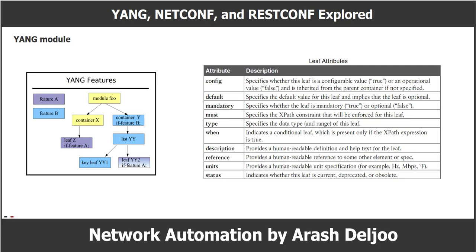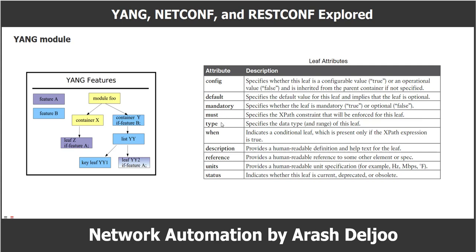Because of that, the config attribute of this leaf will be false. But if we have an attribute that we can configure, the config attribute will be true. The next attribute is the default. It specifies the default value for this leaf and implies that the leaf is optional. Mandatory specifies whether the leaf is mandatory, true, or optional, false.